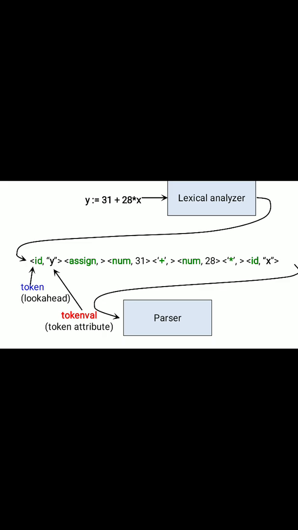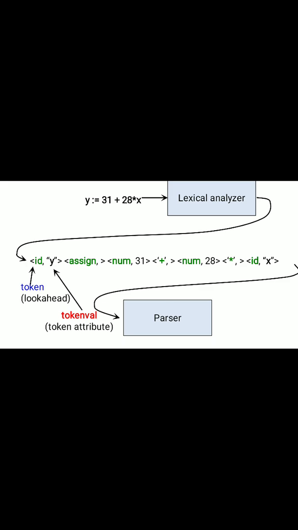Then plus is again a lexeme, matched for some operator. It does not have any attributes. Then again number 28, then multiplication, and then finally it is id x. While storing it in the symbol table, if it stores only the id, then which id it should refer to? That's why it always needs an attribute there.